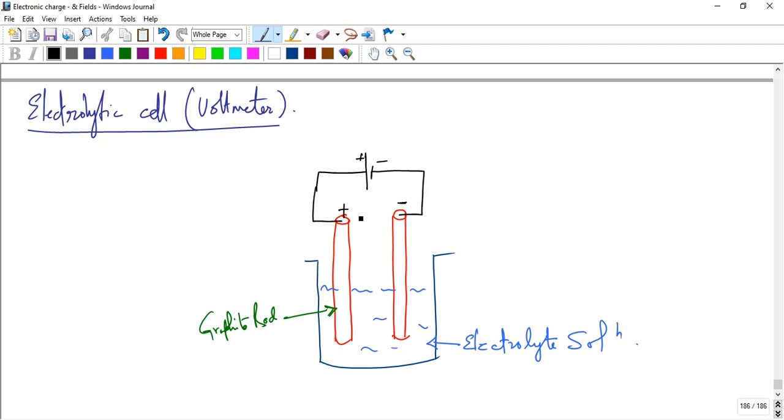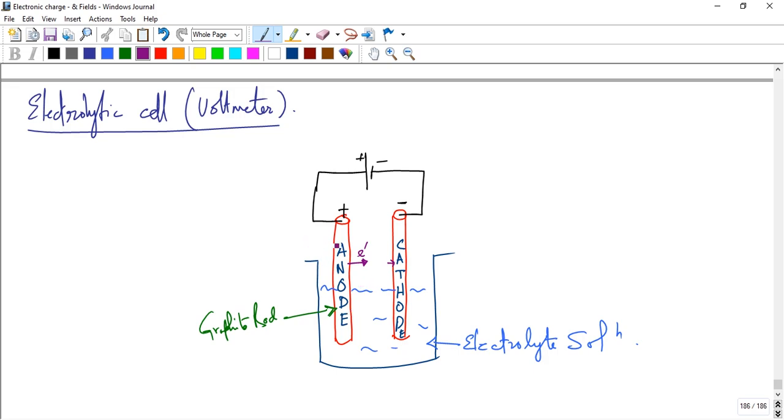When this terminal becomes positive, this electrode turns into the anode, and this electrode turns into the cathode. Now there is an exchange between ions. The anode loses electrons and gains positive charge, and the cathode gains electrons and gets a negative charge, and these charged particles are called ions.